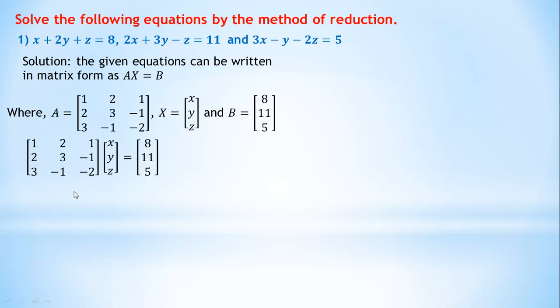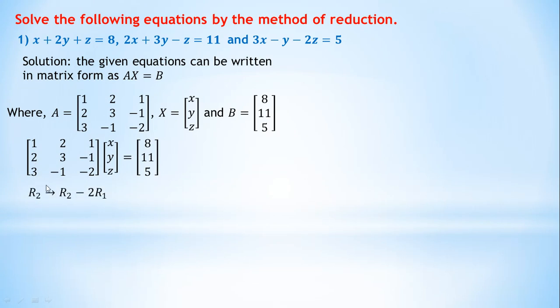But first of all, in the first row, we require the first element as 1. Now it is already 1. So it is very easy to convert this 2 as 0 and this 3 as 0.